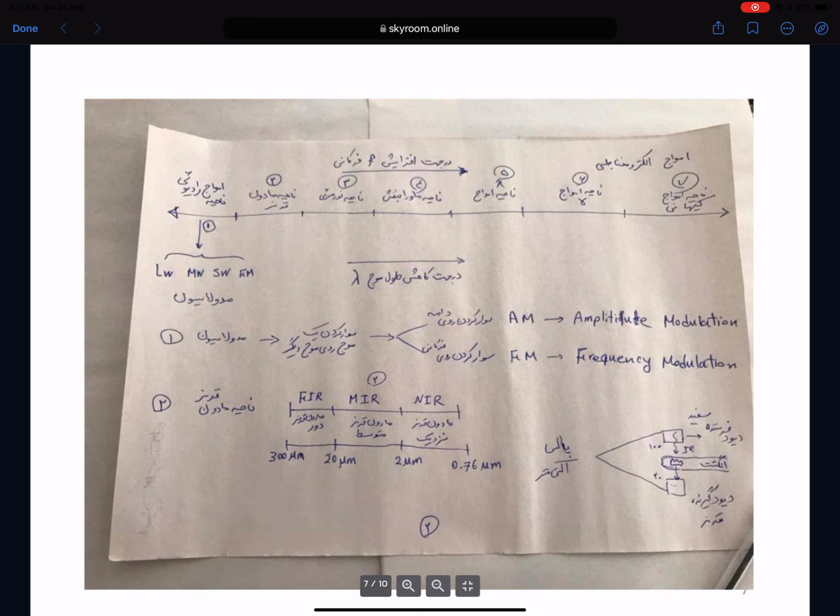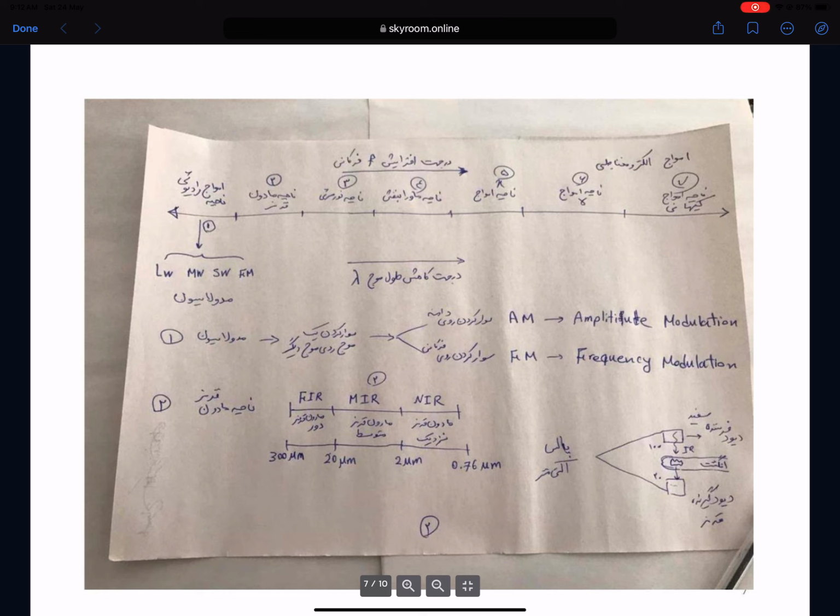It means that the distance between two points is just 3 times 10 to the minus 4 meter, or 0.0003 meter, which is very short. But look at the medium infrared. It starts from 20 micrometers to 2 micrometers. It's very short. And again, near infrared wavelengths start from 2 micrometers to 0.76 micrometers.